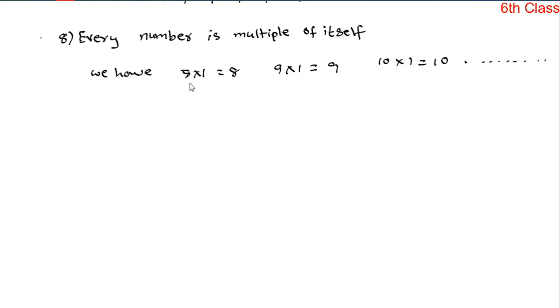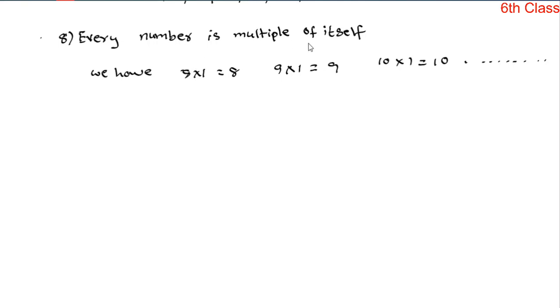Yes. 9 ones are 9, so 9 is a multiple of 9. Yes. 10 ones are 10, so 10 is a multiple of 10. As these examples show, every number is a multiple of itself.